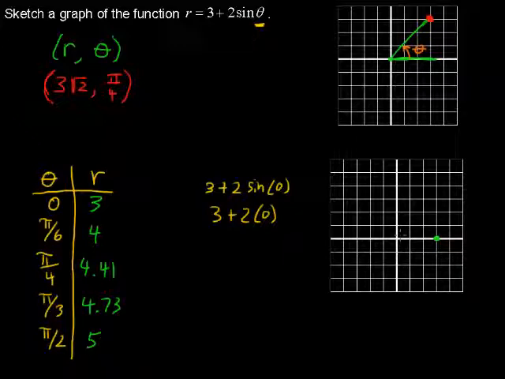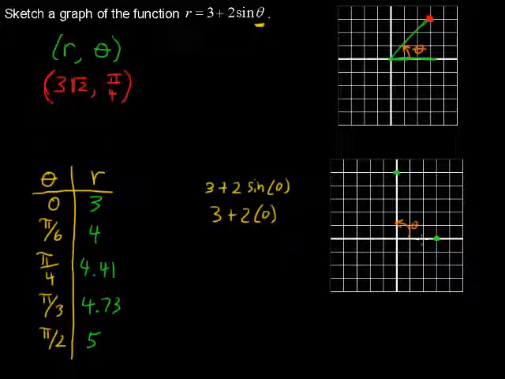So I'm going to plot that point right away. When we are at 90 degrees, or pi over 2 radians, then we have a point that is 5 units from the origin. 2, 3, 4, 5, right up here.